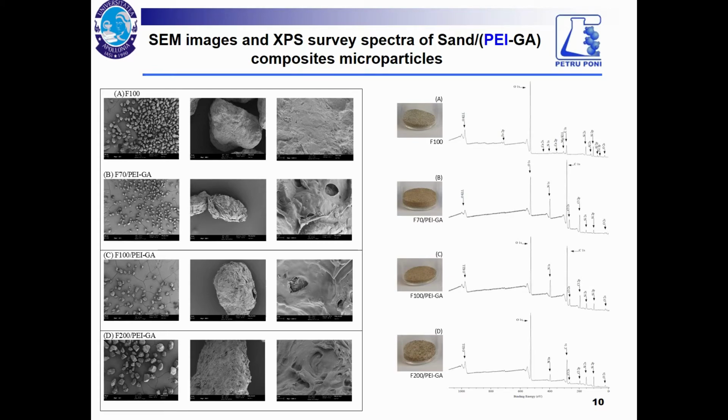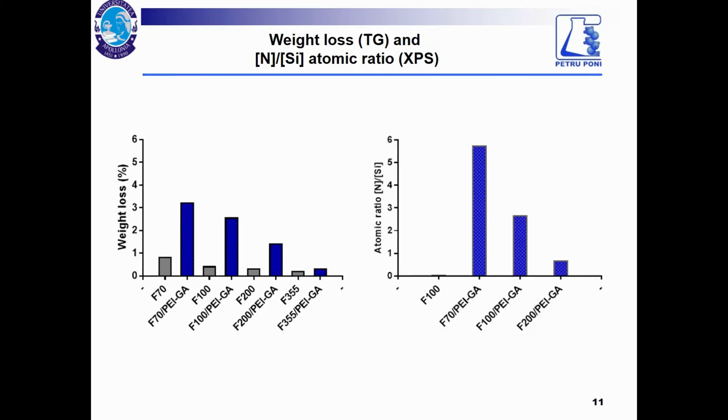Based on XPS survey spectra, we can estimate the amount of organic part deposited on each fraction. Using TG and the nitrogen to silicon ratio, it's clear that lower sand fractions contain higher amounts of cross-linked polyelectrolyte layers. Also, the unmodified sample contains organics. Therefore, the deposited amount was calculated as the difference between modified and unmodified samples.